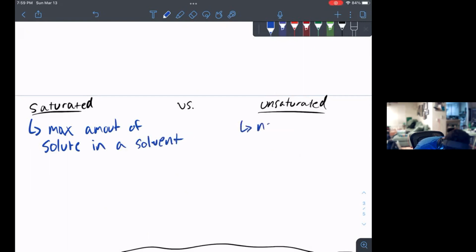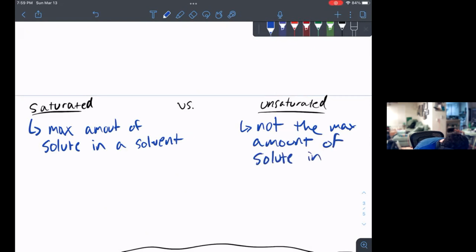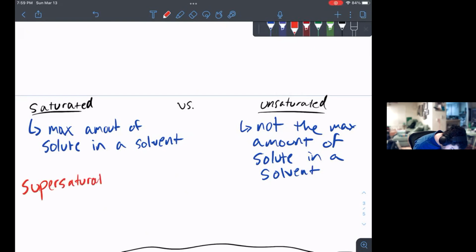Unsaturated is anything that is not the max amount of solute in a solvent. Basically, if you make your solution of water and you pour salt in and you keep dissolving it until it doesn't dissolve anymore, that's saturated. The last thing is, I'm just going to add right here, we can do something called supersaturated, which is exactly like it sounds, more than the max.